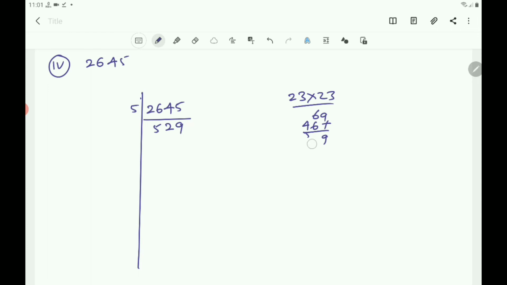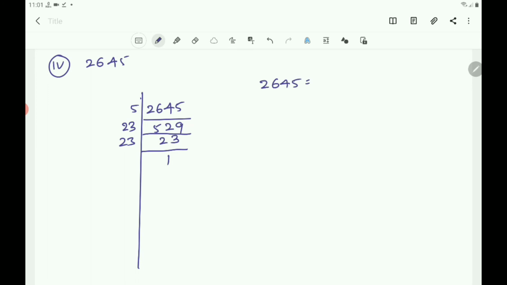Here 529 is a square of 23. So you got that 2645 equals 5 into 23 into 23.